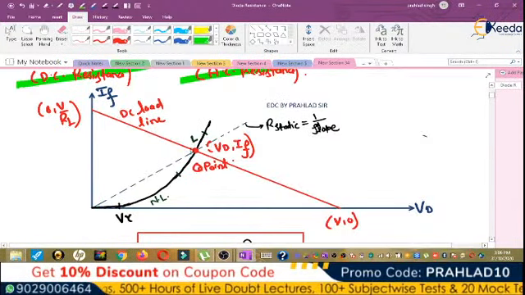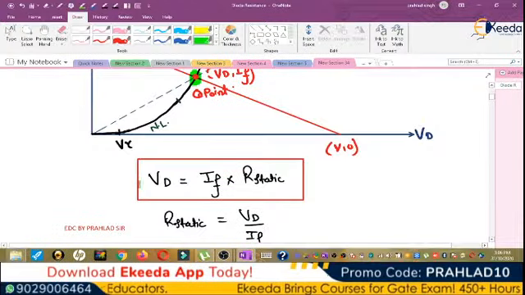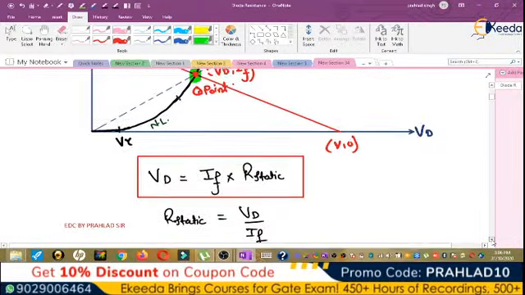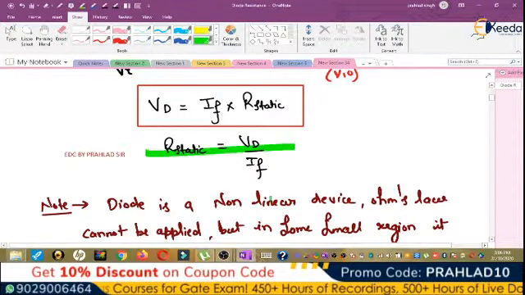And when we draw the forward characteristics, this DC load line and the forward characteristics meet at a point, and this point is the Q point. Here we apply Vd is equal to IF into R static, so we get the value of static resistance, and this value is Vd divided by IF.